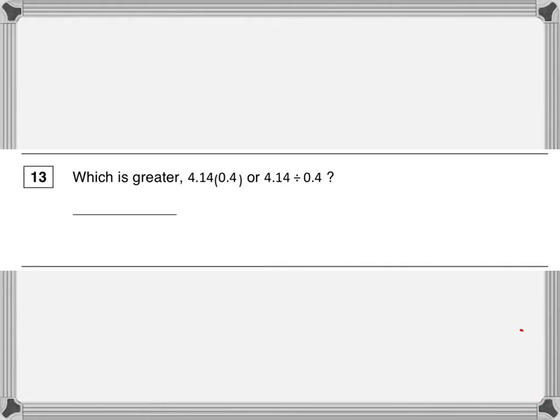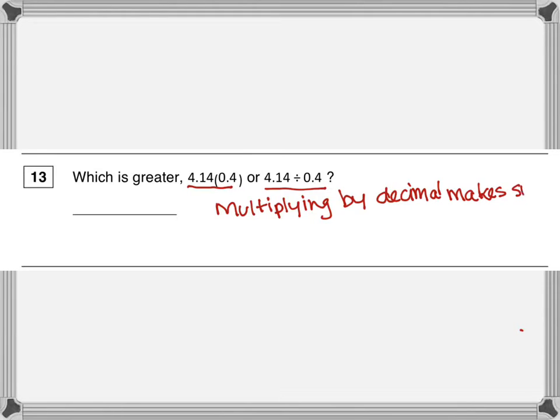All right, for problem 13, it says, which is greater, 4.14 times 0.4 or 4.14 divided by 0.4? You can either write out these problems, solve them, and see which one is bigger, or you can make a note to yourself. Multiplying by a decimal makes smaller.